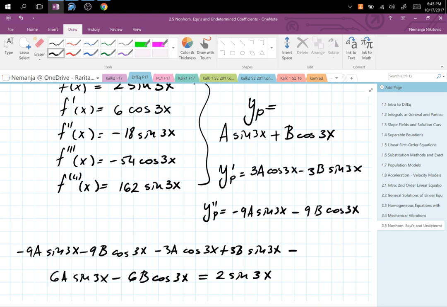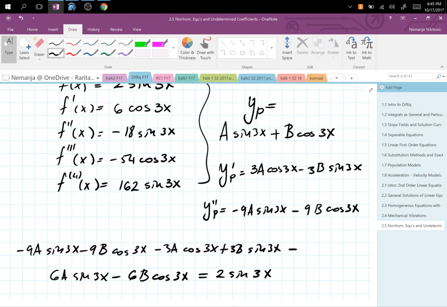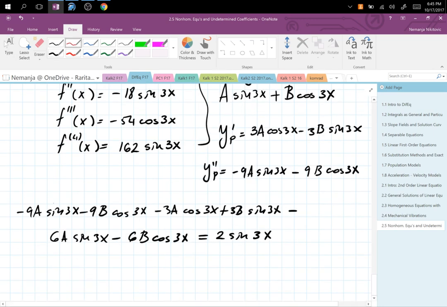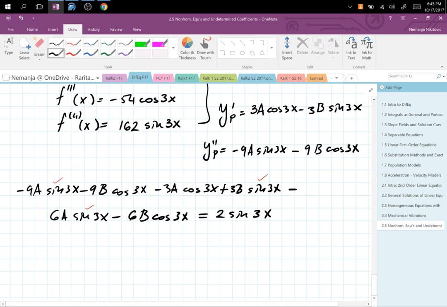You are going to collect like terms. That's all of the sines on the pile and all of the cosines on the pile. Where are my sines? This is the sine, this is the sine, and this is the sine. So what do I have for sines? Minus 9a, minus 6a is minus 15a, and then I have plus 3b, all of that times sine 3x, plus blah for cosine 3x, equals 2 sine 3x.